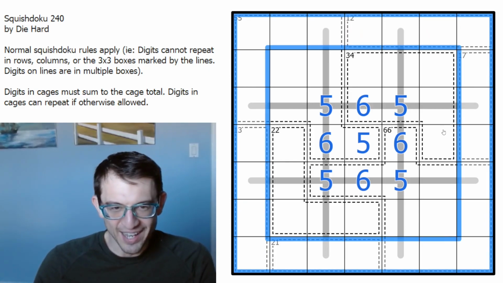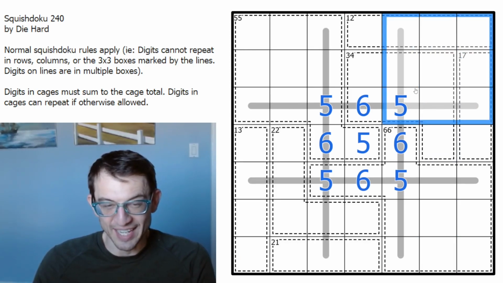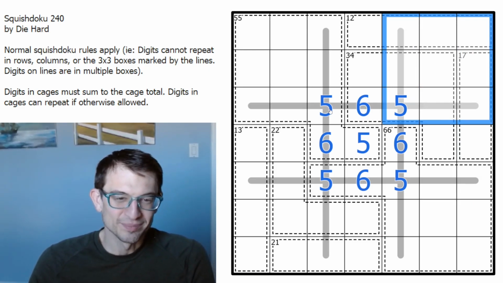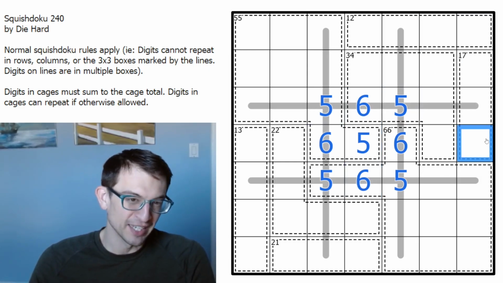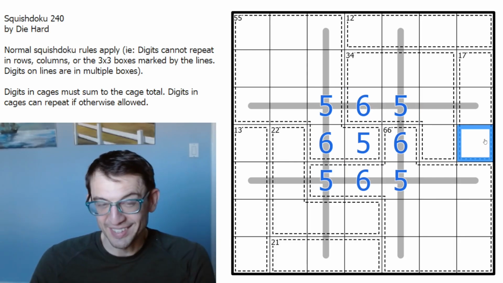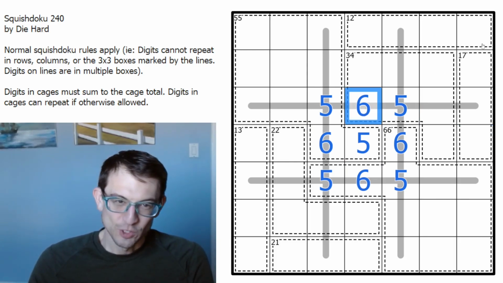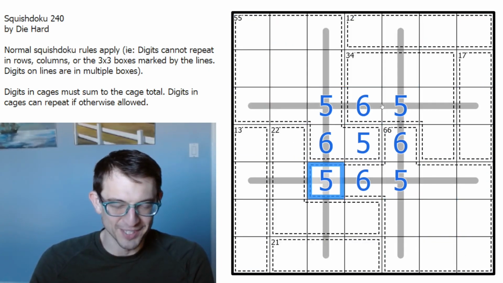I know that's just 45, the digits 1 to 9, times 9. But in the squishdoku, none of the digits appear 9 times. They either appear 5 or 6 times. So which digits appear 5 times and which digits appear 6 times is going to matter a lot. If I add all these cages up, I won't embarrass myself by trying to do that. I know it's 240. I've done the puzzle before.